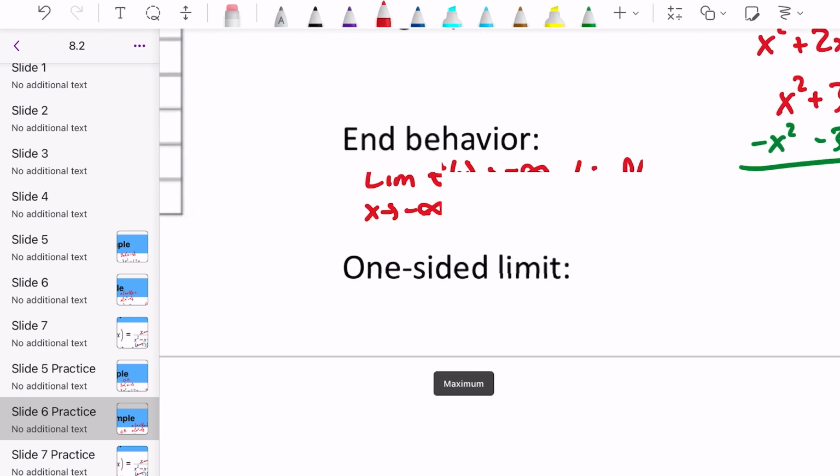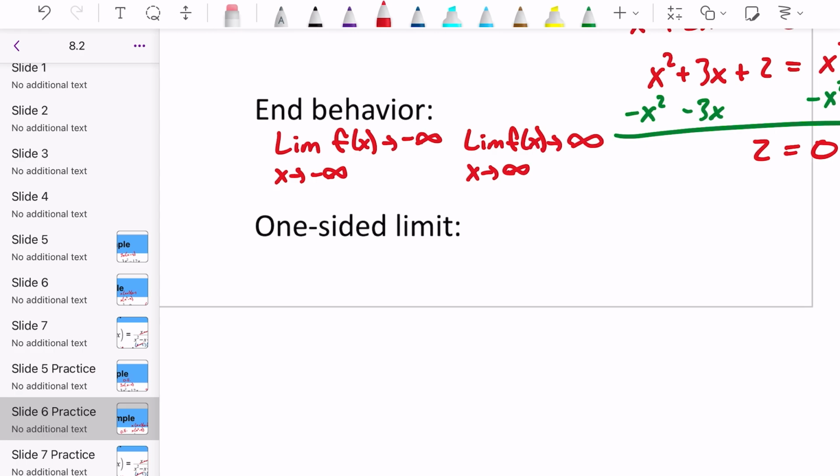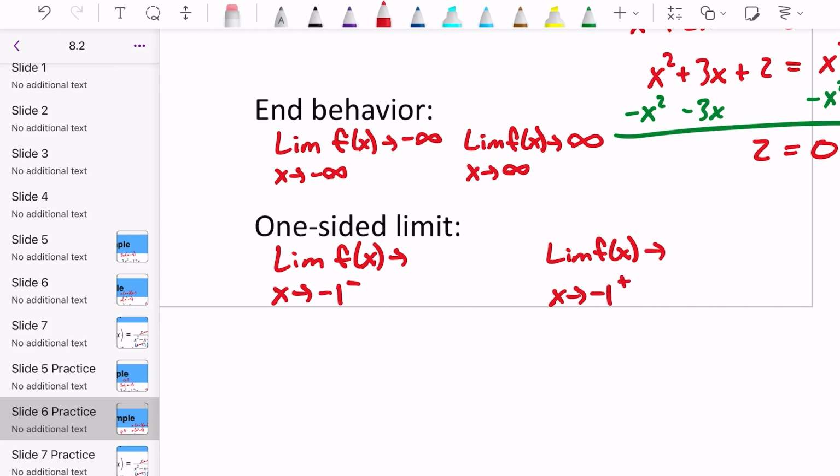For our one-sided limit, we have the limit of f of x as x approaches -1 from the left side, and we have the limit of f of x as x approaches -1 from the positive side.